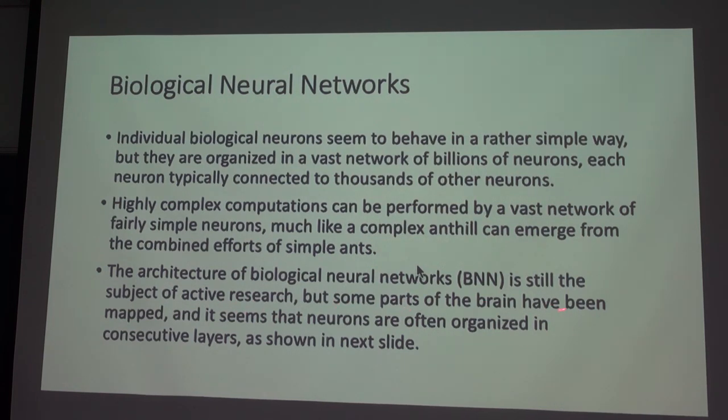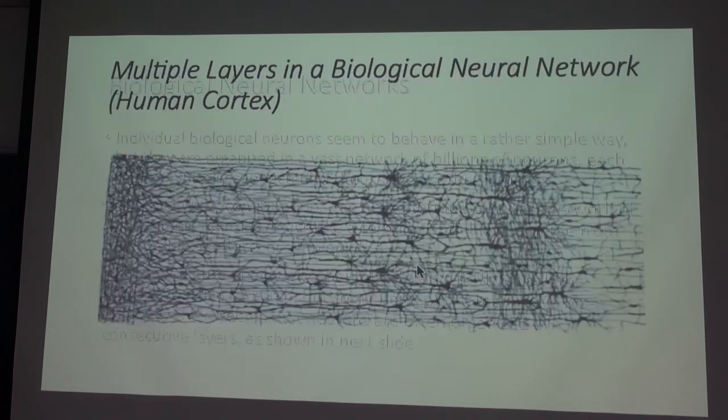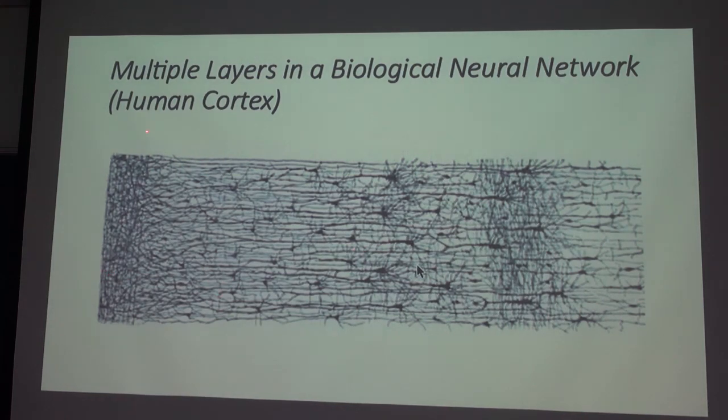But some parts of the brain have been mapped, and it seems that neurons are often organized in consecutive layers, like this. It doesn't look very easy to understand, but if you try to rotate it 90 degrees, this is the input.